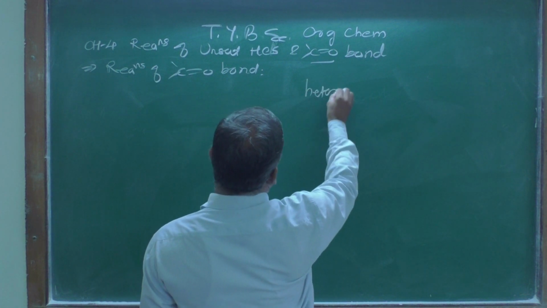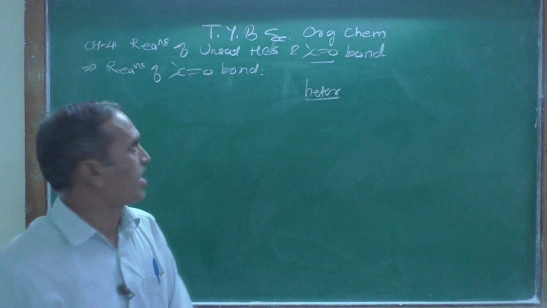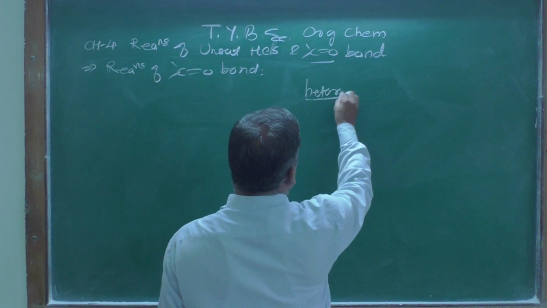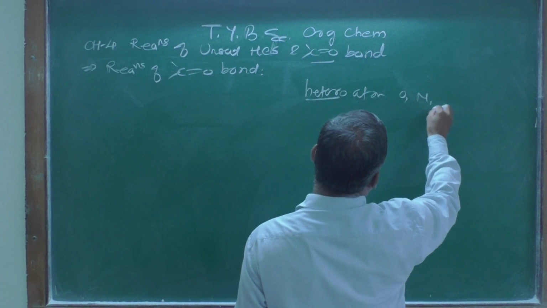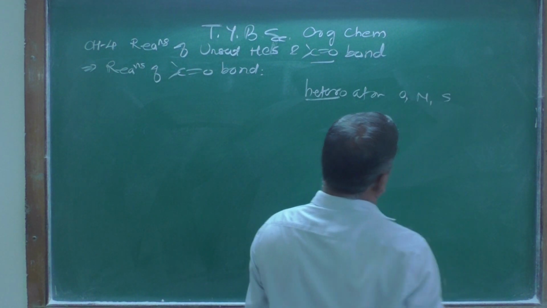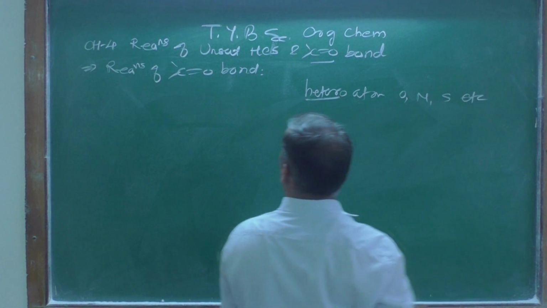Generally or frequently occurring heteroatoms in organic compounds are oxygen or nitrogen or sulfur. These are some of the heteroatoms, or halides may be there.